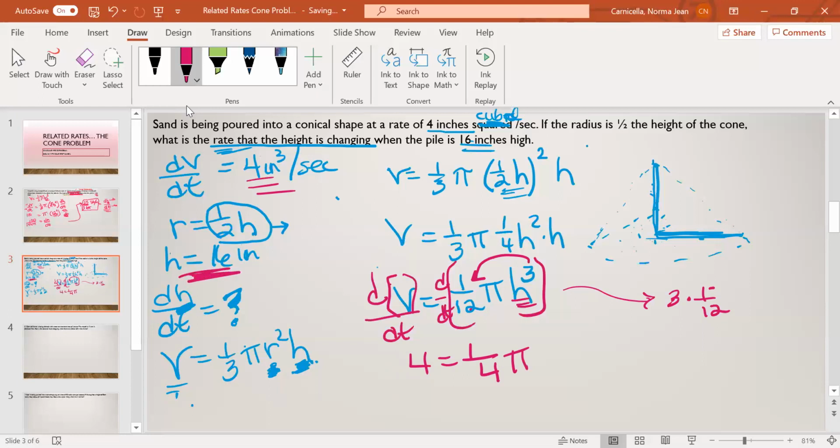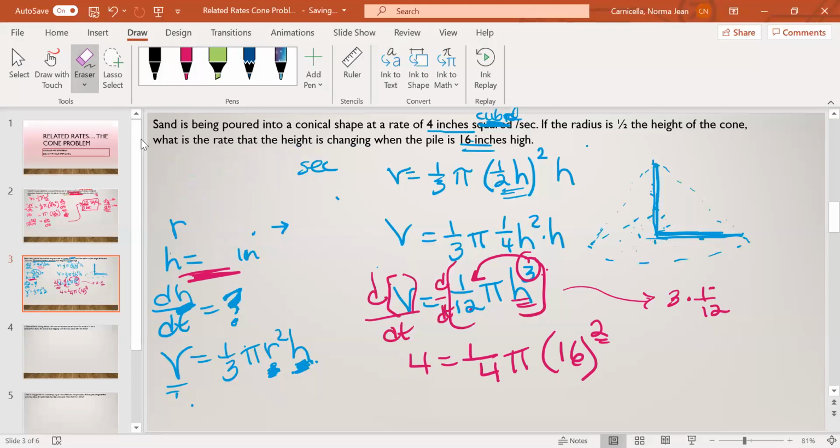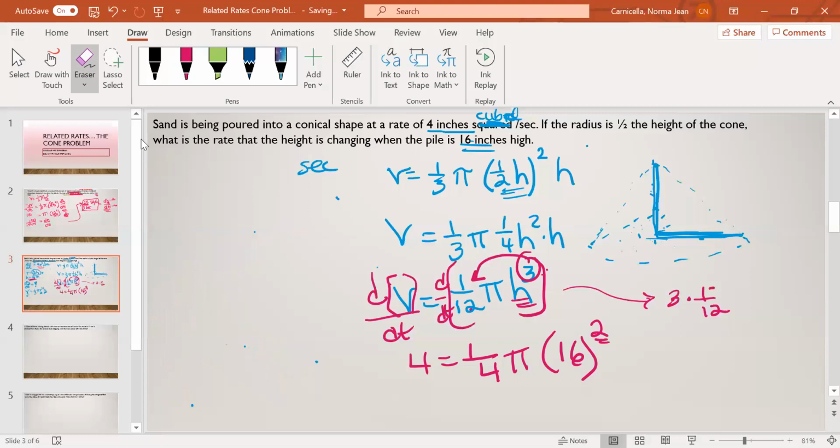So that's going to be times 16. And now that's squared because of the n minus 1 for the power rule. So that's squared. And that means now we can clean it up. I'm going to erase this. We don't need these knowns and unknowns. Hopefully you're writing these down. Hopefully every time you watch a video, you write everything down and you try and work the problems out.